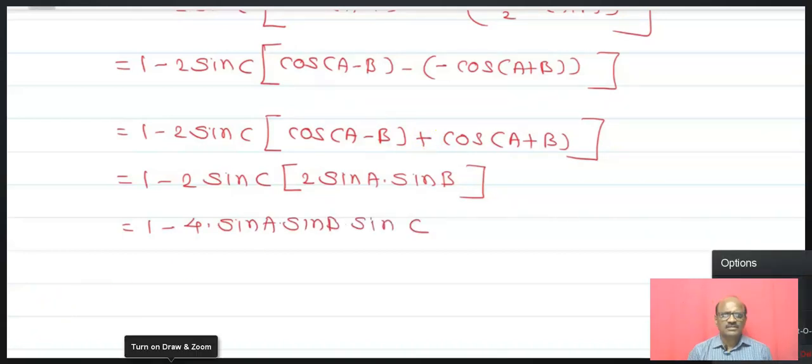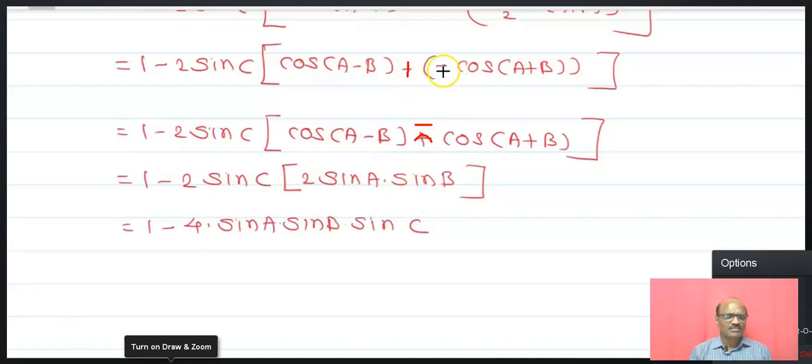Now see this here. We'll make a small correction. Here we will have a plus sign. Now see this, we are making the correction here. It must be the plus sign.